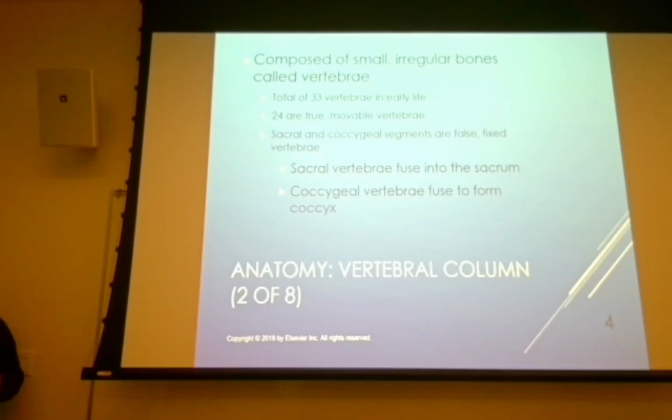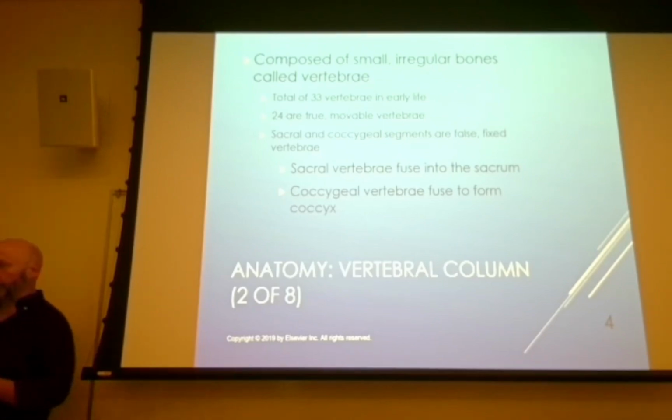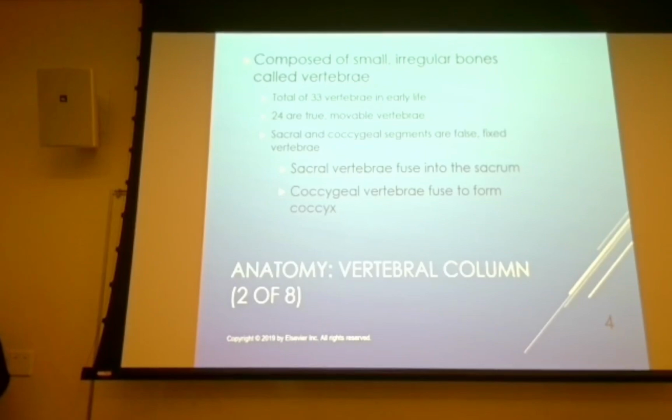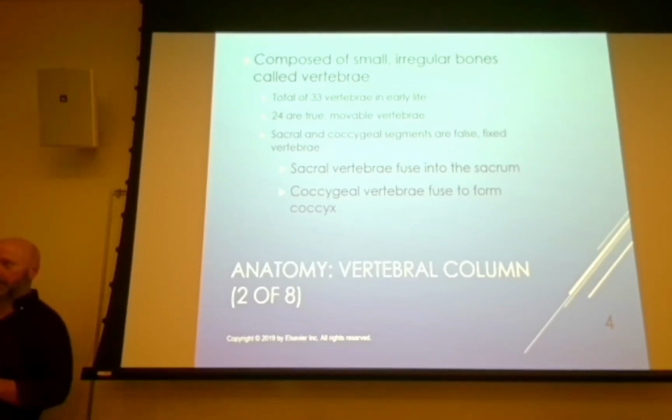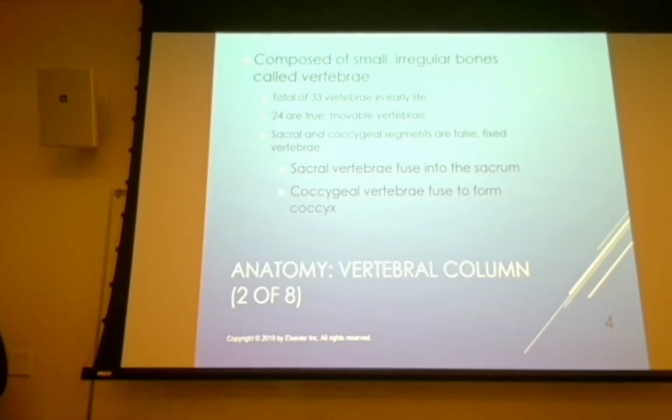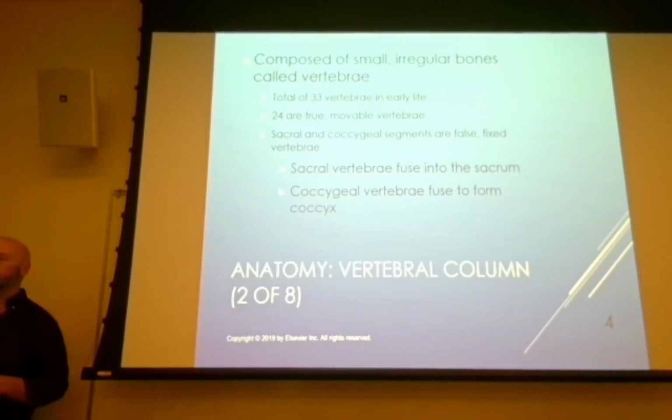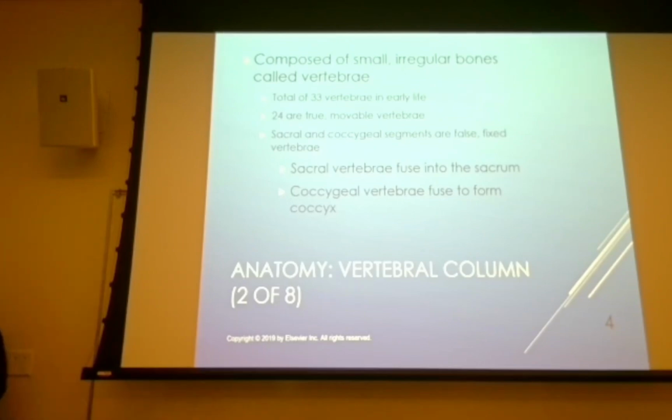So you've got 24 individual bones. Sometimes there's more, sometimes there's less, but 24 individual bones, and then you've got 2 fused coccyx and sacral segments. The sacrum's going to have 5, but the coccyx can have 3 to 5 individual fused pieces together.